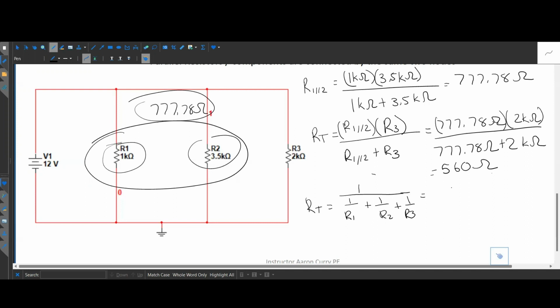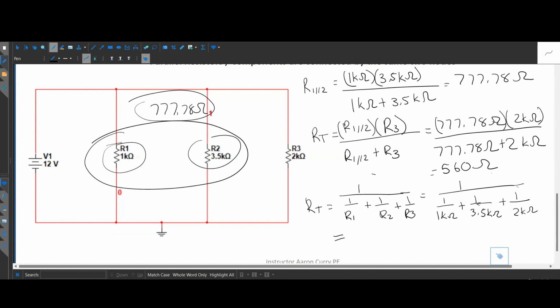Just plug and chug: 1 over R1, which is 1 kilo ohm, plus 1 over R2, which is 3.5 kilo ohms, plus 1 over R3, which is 2 kilo ohms.